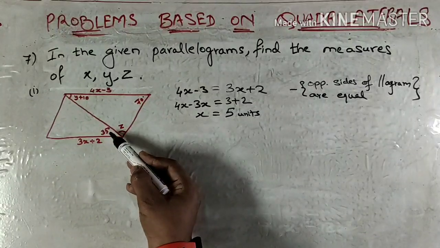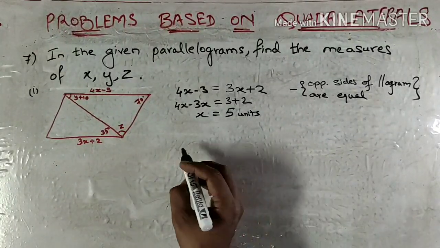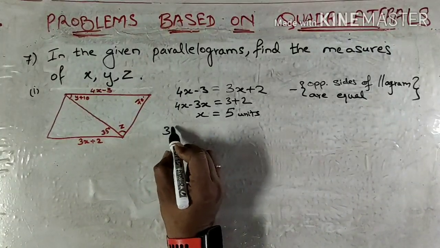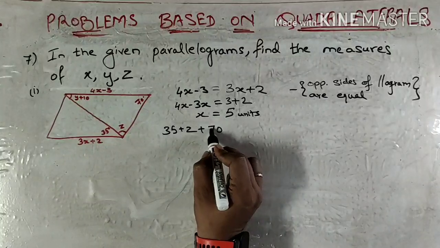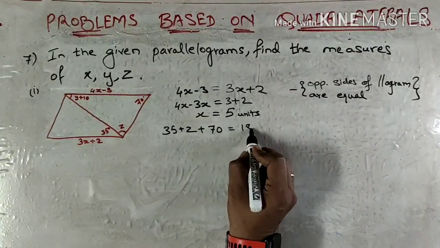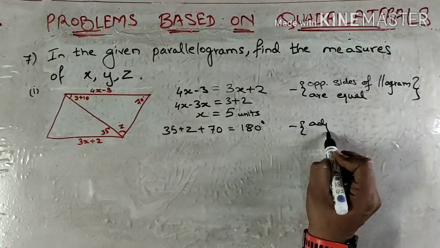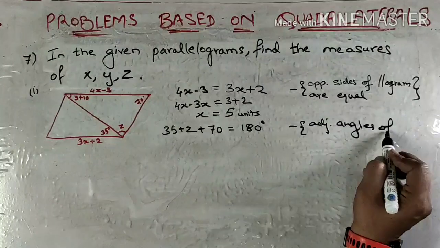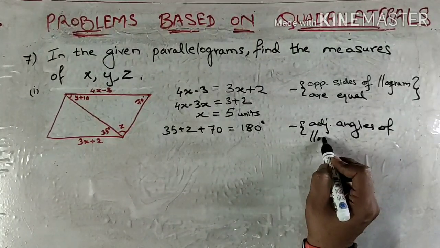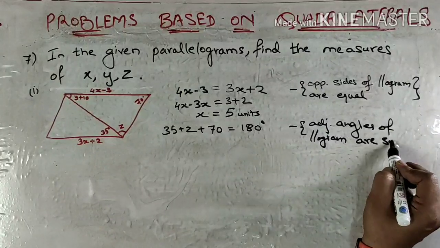That means if I add this 35, z and 70, it should give me 180 degrees. So 35 plus z plus 70 gives me 180 degrees. Reason: adjacent angles of parallelogram are supplementary.